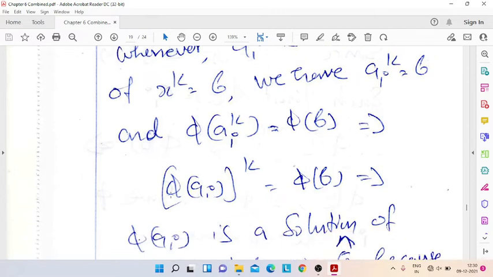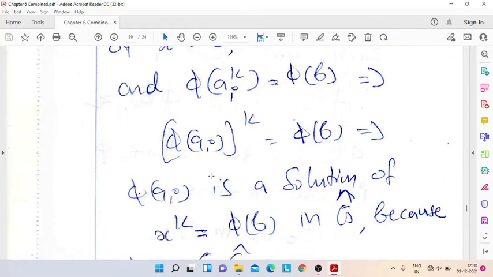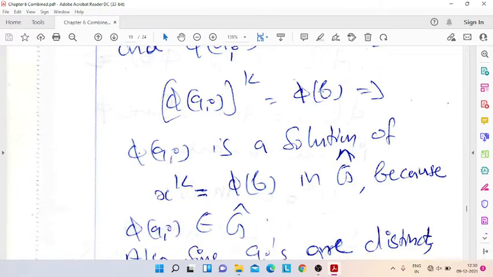Then applying a previously discussed property, we get phi of ai raised to k equal to phi b. Therefore phi of ai is a solution of the equation x raised to k equal to phi b.